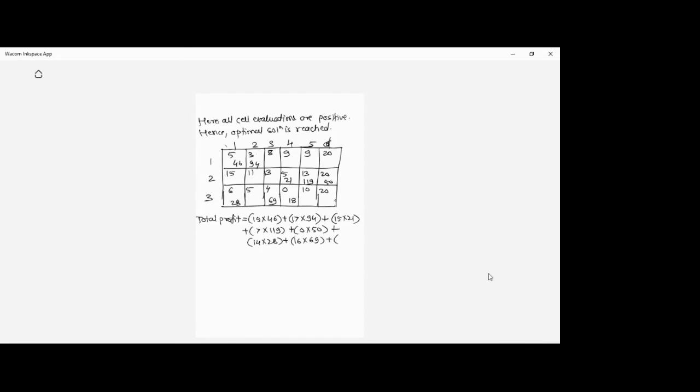So 20 plus 0 is 20, 20 into 18. Therefore, total profit. So this is maximized profit. If you solve this, you will be getting the profit of 5,292 rupees.